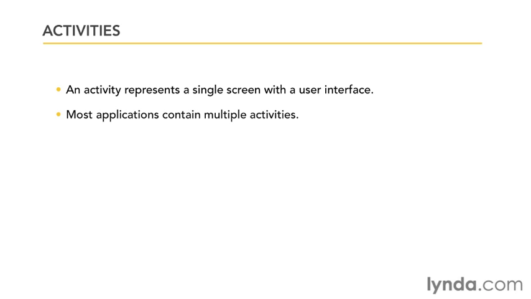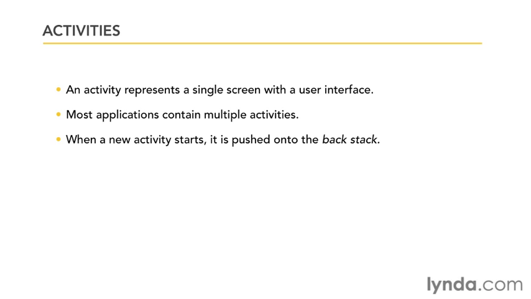Now, most applications obviously contain multiple activities. They don't have to, but generally speaking, there's going to be more than one activity in an application. When a new activity starts, it's pushed onto what is called the backstack. So let's say I have an application, and the first screen that the user sees, they click something to launch another activity. That initial activity is paused, and the new activity is brought to the front over top of it.